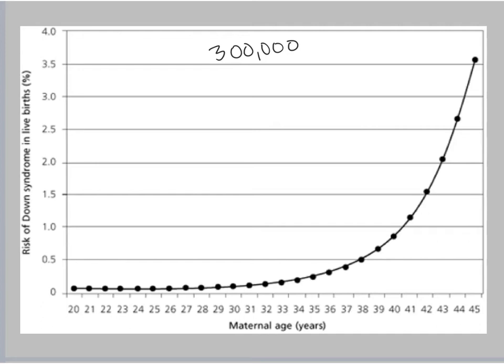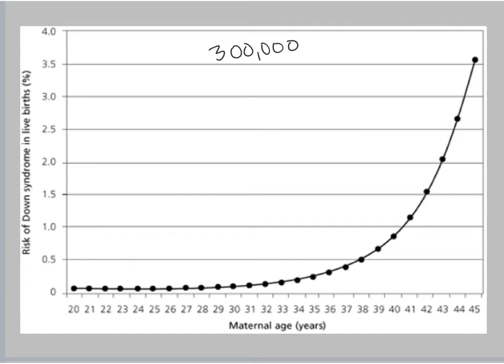You have this cell that's about to divide in half to reduce its number of chromosomes, and under normal circumstances, one new cell gets half the chromosomes, the other cell gets the other half. But there are malfunctions in that process, especially as eggs, or these oocytes, these egg cells, age.